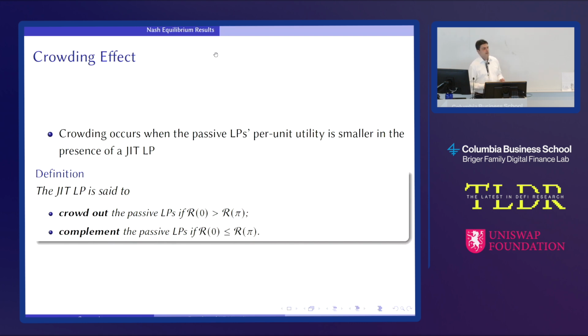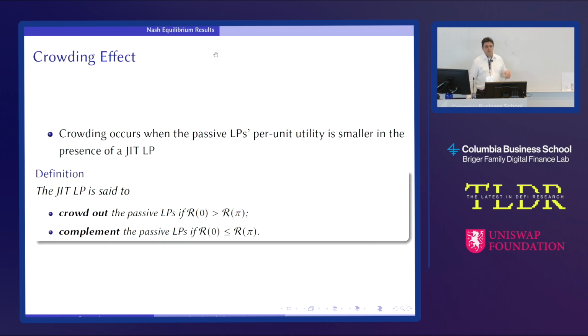So they are substituting them if the revenue when there is 0 probability of a just-in-time liquidity provider arriving, which is R0, is larger than R of pi. That means that passive liquidity providers are getting more when there are no just-in-time liquidity providers. In that case, we say that there is a crowding situation.